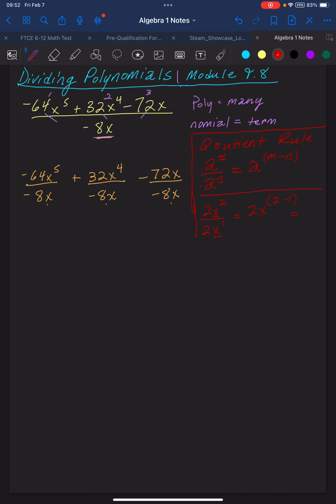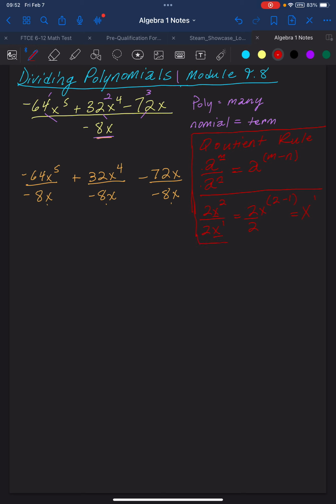And that would equal, 2 divided by 2 is 1. So this will equal x raised to the power of 1 because 2 minus 1 is just 1.